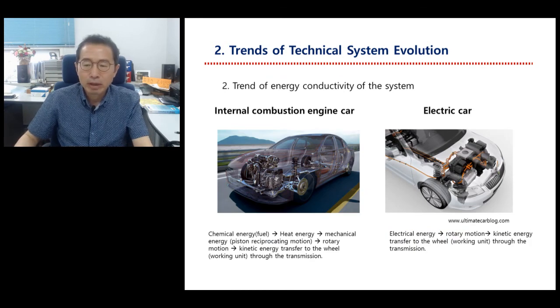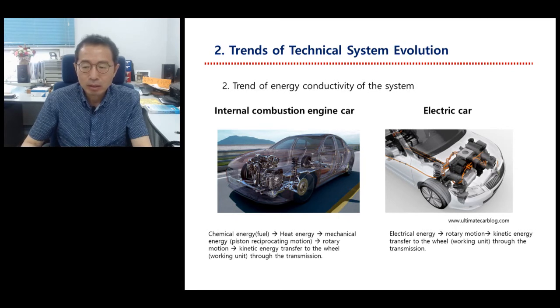Let's compare the energy efficiency of internal combustion engine cars and electric cars. In internal combustion engine cars, the engine burns oil to make heat energy and uses the expanding heat energy to turn it into piston reciprocating motion.